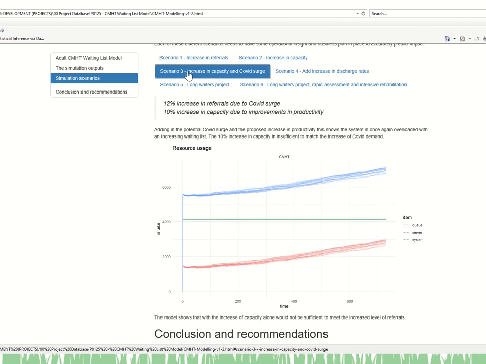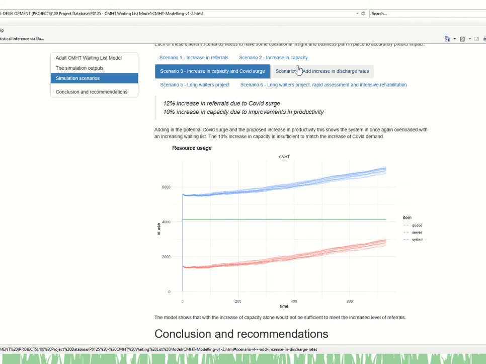By having both of those, unfortunately, the 12% increase in referrals and 10% increase in capacity was not sufficient to keep things in a steady state, and we would start seeing again that increase in waiting list.